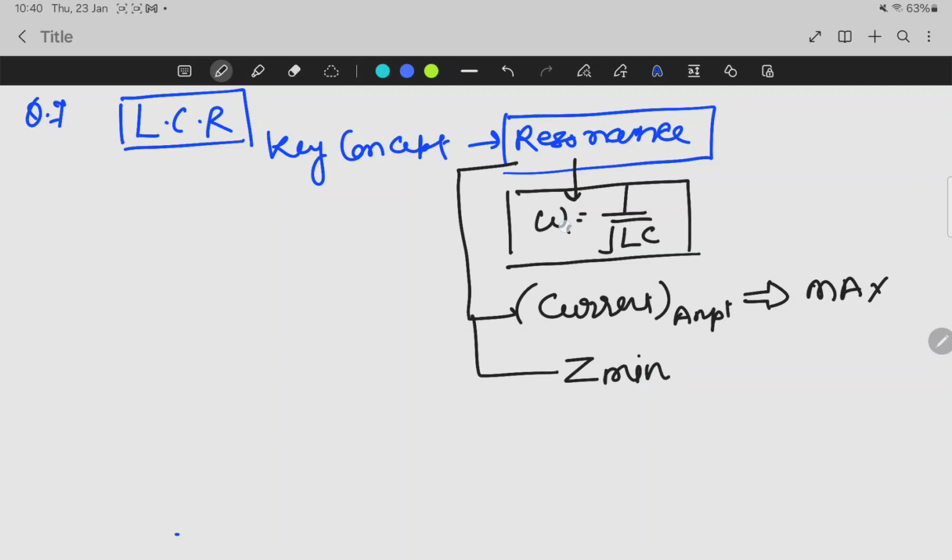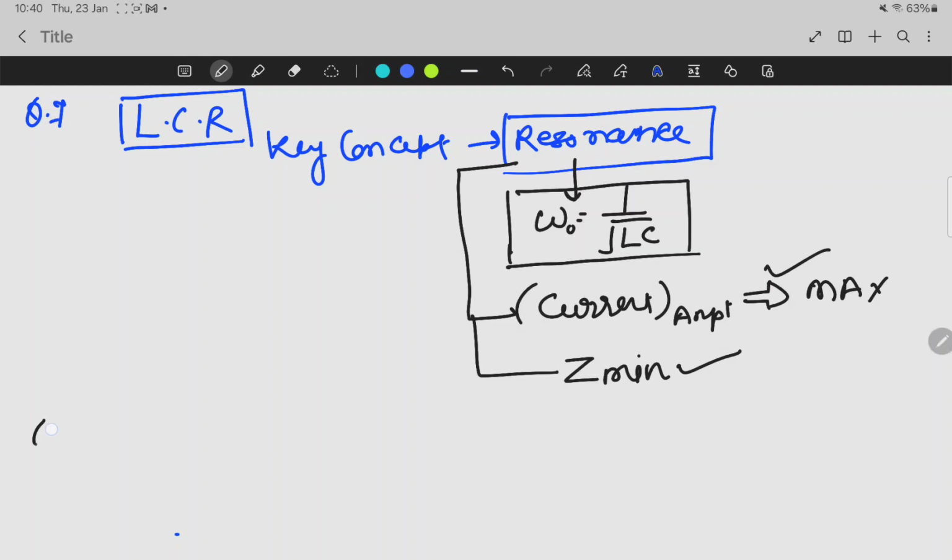Now here, once they are asking for the angular frequency, you had better remember L and C. Once we put the values of L and C, we will get the angular frequency at resonance. So these are a few points that you had better remember too. Maybe they have not directly given the resonance condition, but by this situation you can get that this is a condition of resonance. Fine.